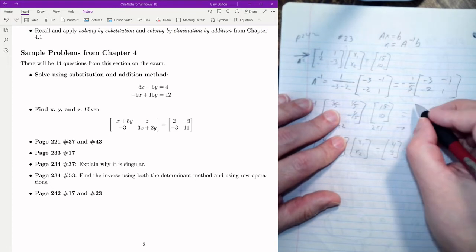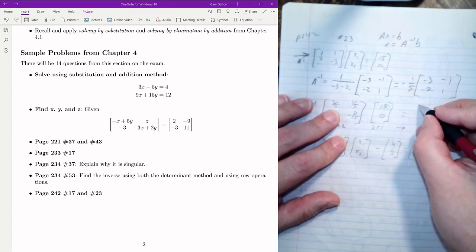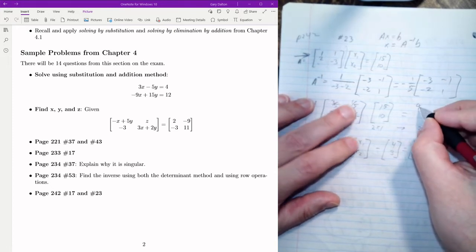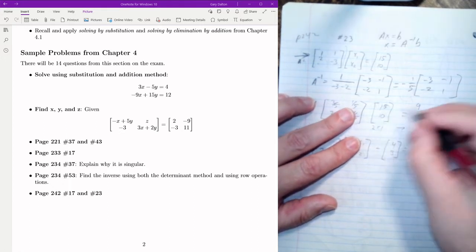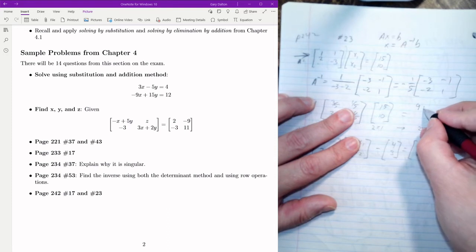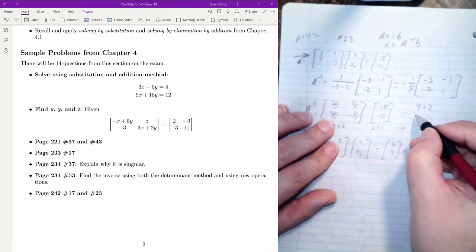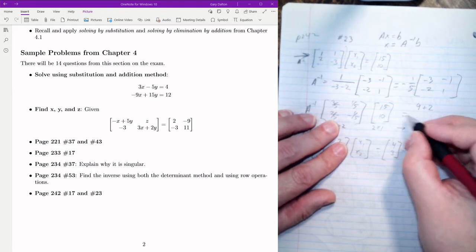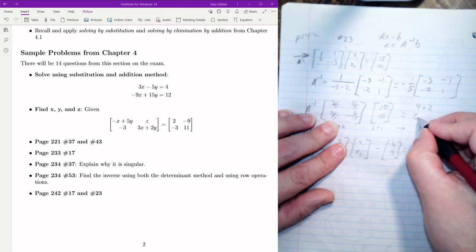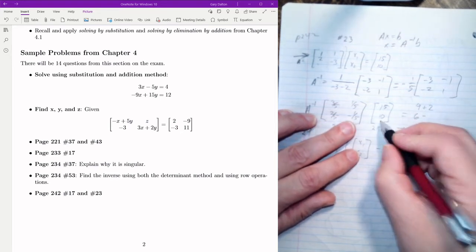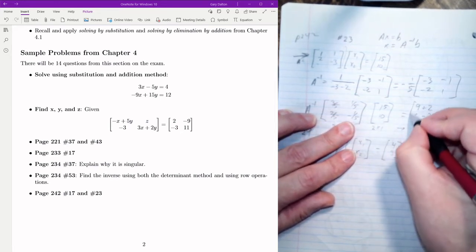would be 9, plus 1/5 of 10 would be 2. And the bottom column is 2/5 of 15 is 6, minus 1/5 of 10, which is 2.